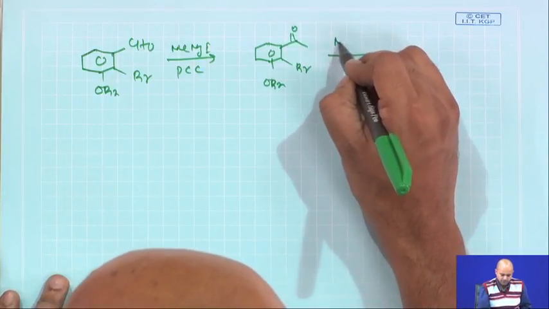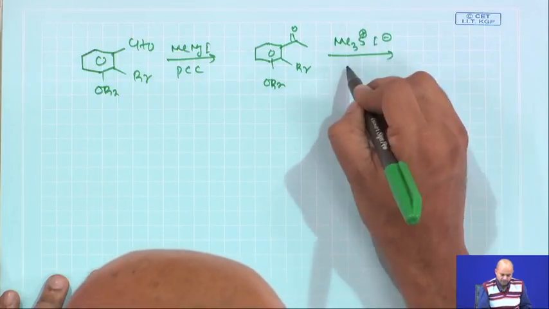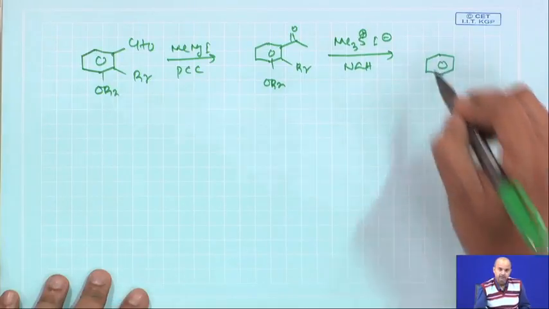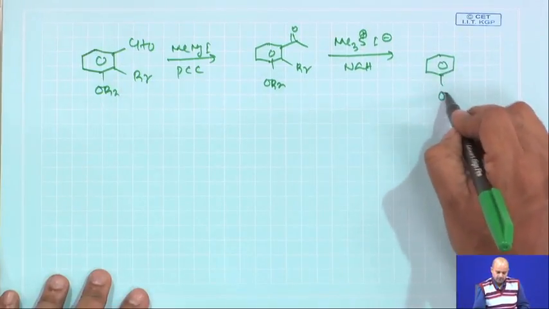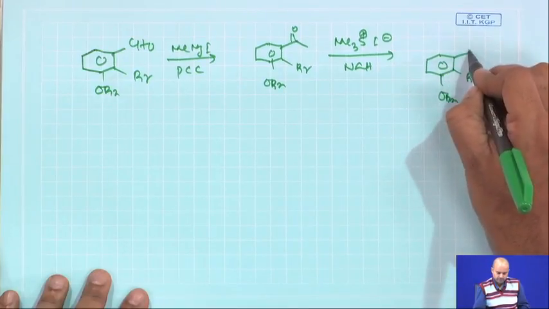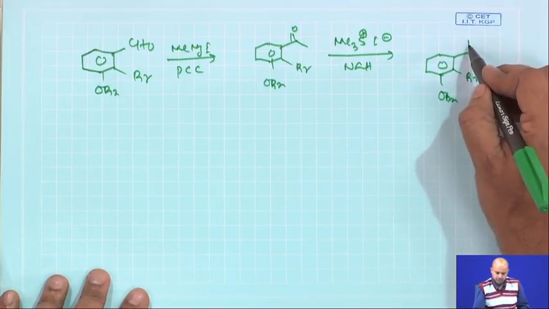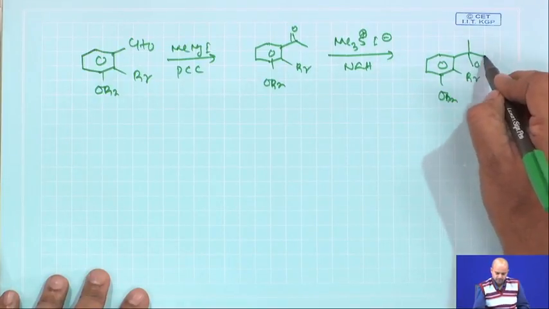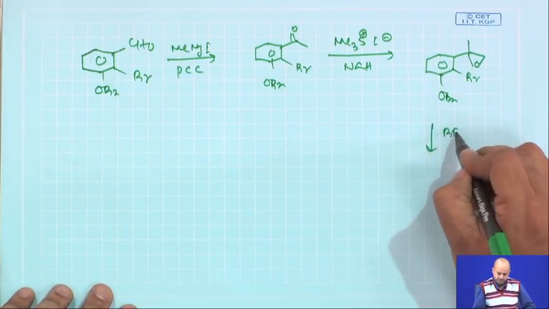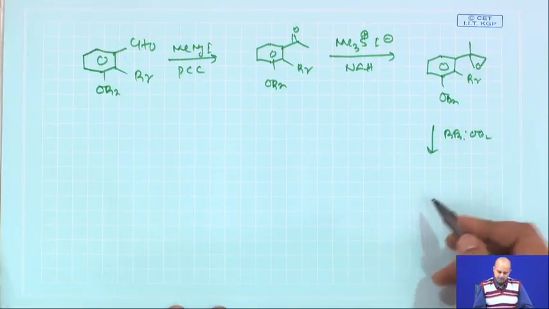Corey-Chaykovsky reaction, so trimethyl sulfonium iodide and sodium hydride will get the corresponding epoxide, you get this. Now, you put the BF3 ether for your Meinwald rearrangement.